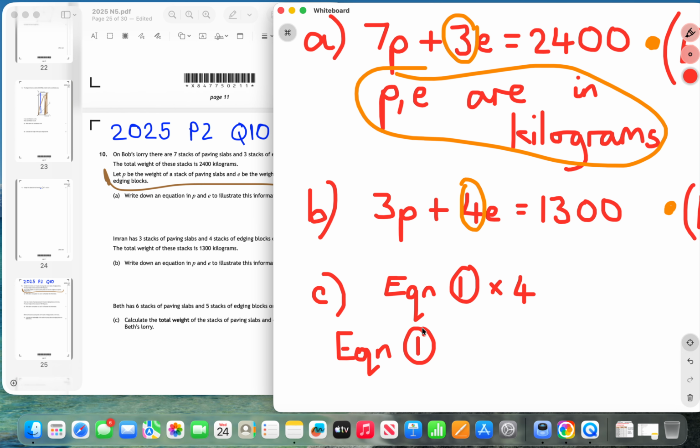It's technically the same equation as equation 1, but it's the scaled version, and 1 with a star means it's the scaled version. So multiplying the whole thing by 4, we get 28p plus 12e equals 9,600.